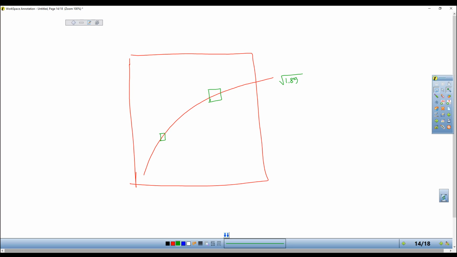You had to extrapolate based on numbers that you knew. Well, if you really needed to know something a little bit more exact, then believe it or not, they would say, I'm going to find the linearization of the square root curve at that point. And then I can just plug my number, my 1.89, into the equation of this line.